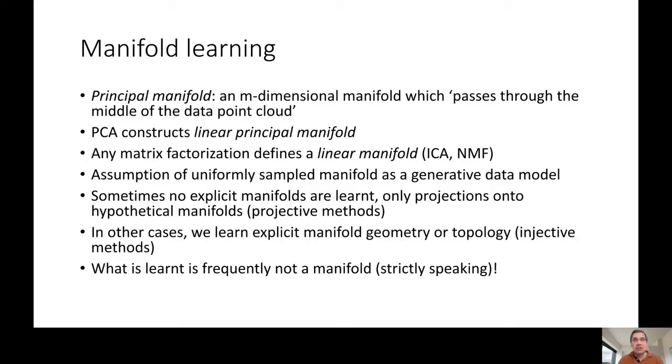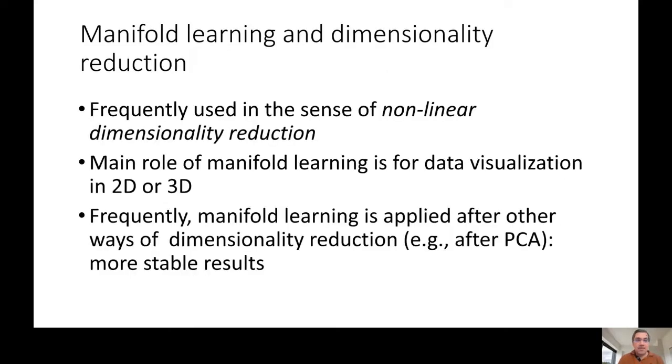There might be special points on these things that are frequently called manifolds, which are locally not homeomorphic to Euclidean space. So the notion of manifold used in manifold learning is a loose notion with respect to the formal mathematical definition. This is something which is important to have in mind.